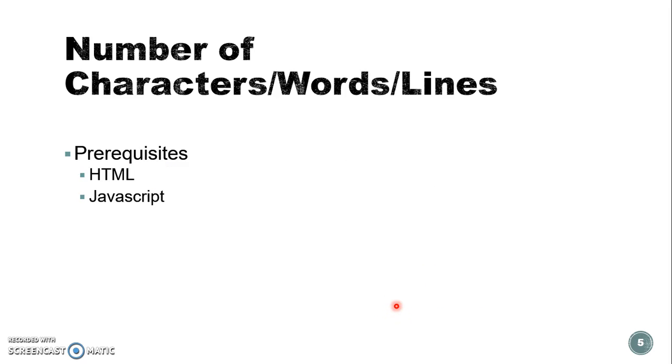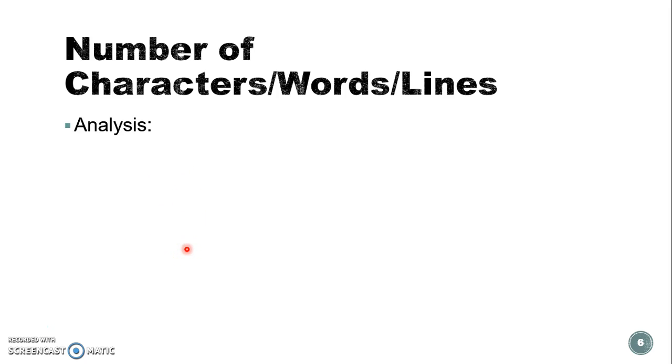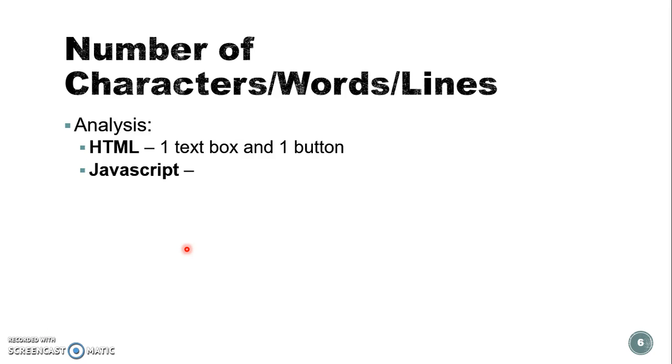Let us go ahead, and the prerequisites for solving this problem are HTML and JavaScript. Let us analyze this problem. First of all, under HTML we need one text box and one button, as we have seen in the design. And for JavaScript, we need to retrieve the text from the text box.